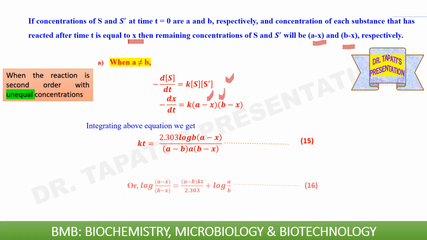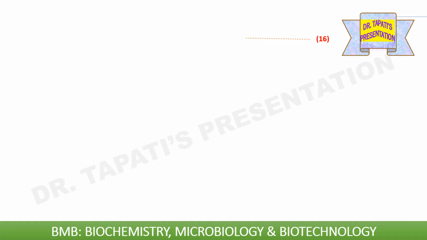Or we can convert this equation as log A minus x divided by B minus x is equal to A minus b into kt divided by 2.303 plus log of A by b. Again, I am writing the same equation: log A minus x divided by B minus x is equal to A minus b into kt divided by 2.303 plus log A by b.